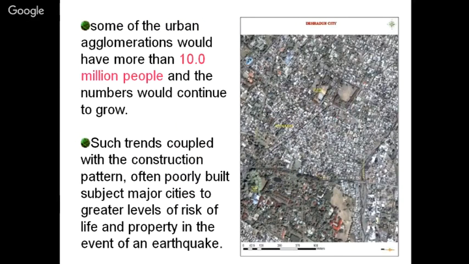This is particular to a typical city, Dehradun, located on the Indian map. This is the congestion you can see, and moreover the building stock has different typologies. When we evaluate the vulnerability analysis of a particular city, we consider what types of buildings are there, whether the building stock has the same type of buildings or different typologies.